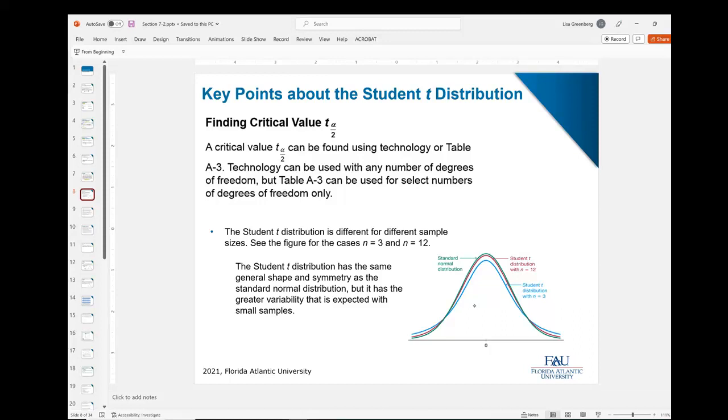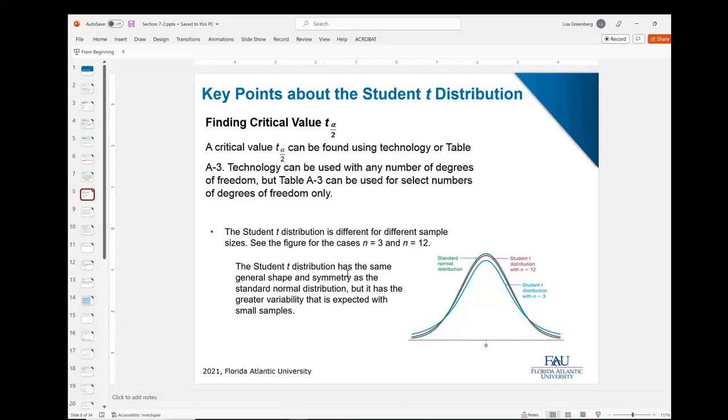That's kind of small. Number of samples is 3. Now, look how much closer it gets to the green when I make n equal 12. So that's why, when it's 31 or more, we've been able to say, okay, then we can just use our standard normal distribution or our z tables, right?